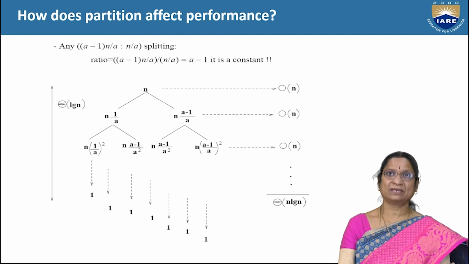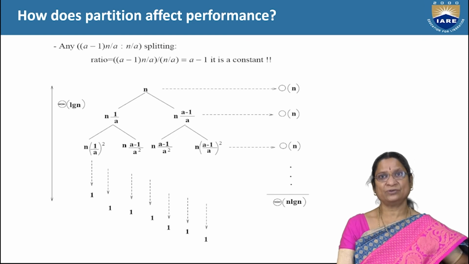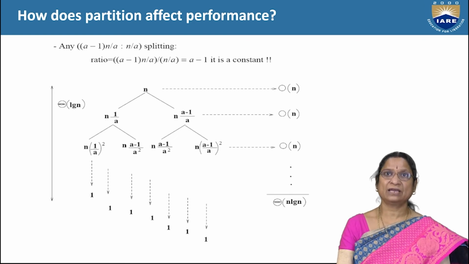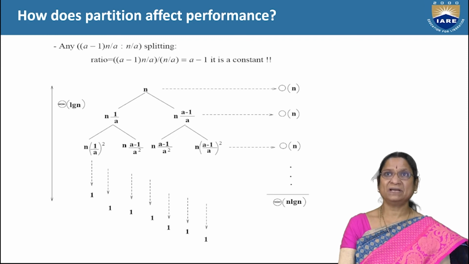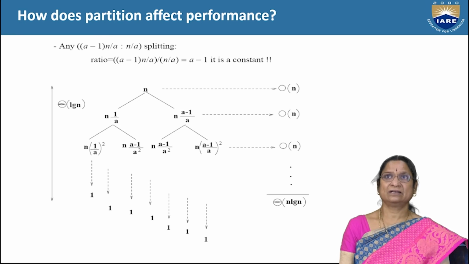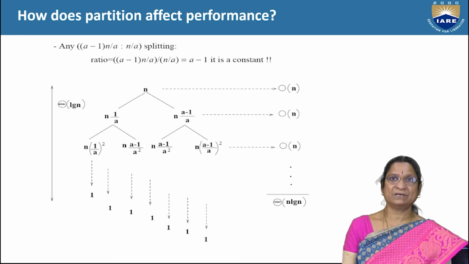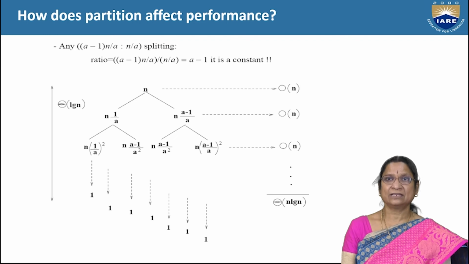Any a minus 1 by a times n, to n by a splitting is almost equivalent to a constant ratio. So if the splitting is done in such a way that a constant number of elements is carried in the first partitioning as well as the second partitioning, then the respective time complexity is going to be order of n log n.